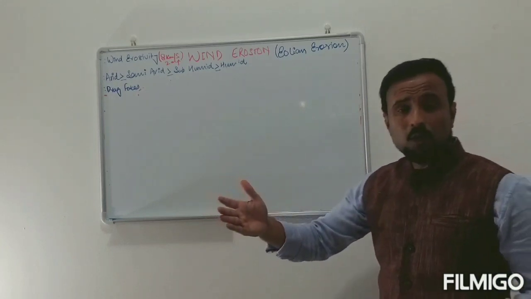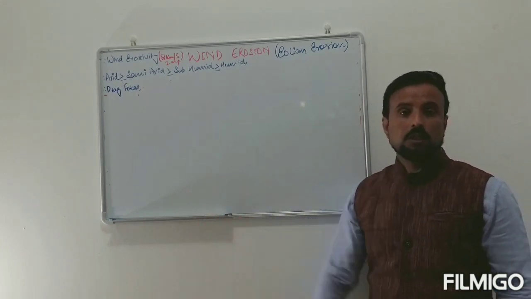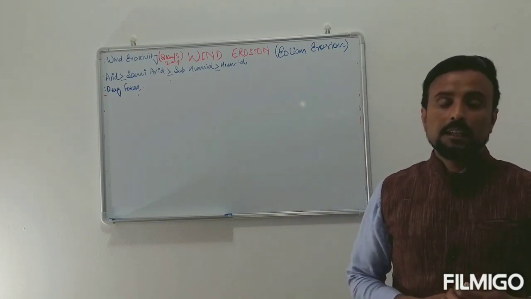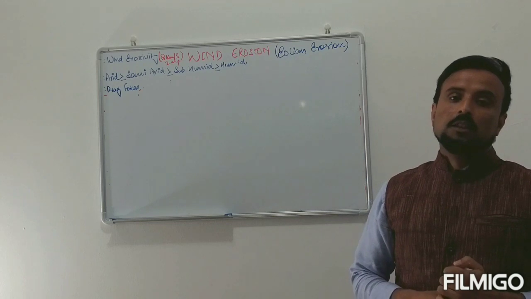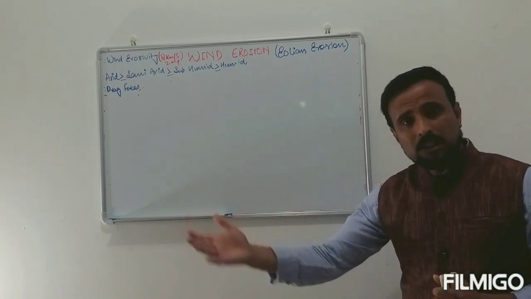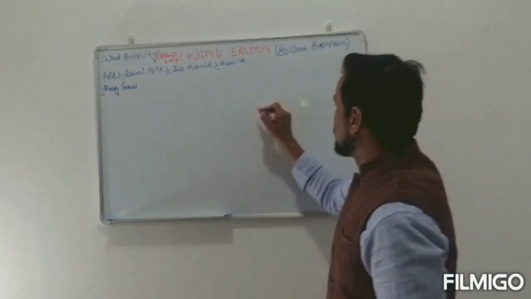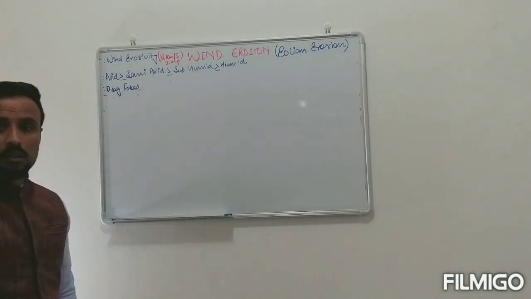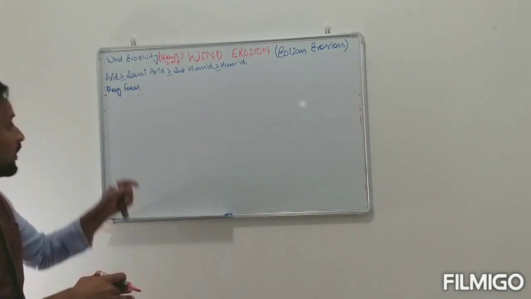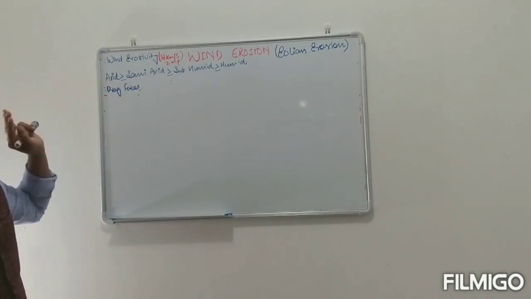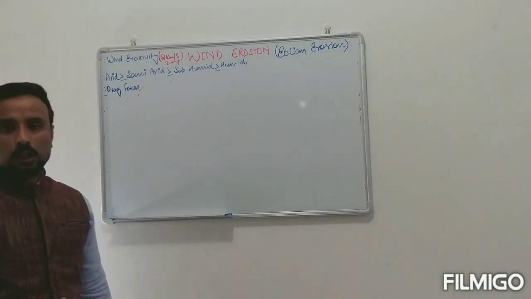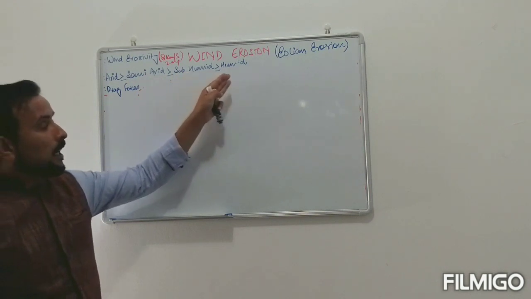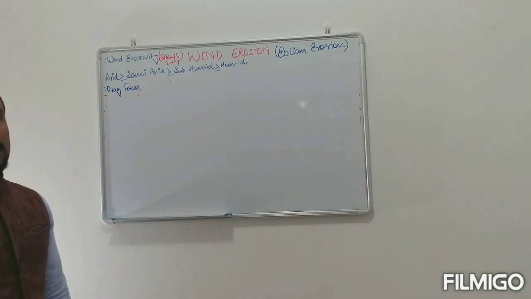So this wind erosion that is happening at a particular place, normally wind erosion happens in those places which are arid in region, right? Dry land region, where rain doesn't happen too much, right? So if I need to write the sequence of erosion happening in an area, the arid region will be the most prone region to wind erosion, followed by semi-arid region, followed by subhumid region, and after that humid region, right?